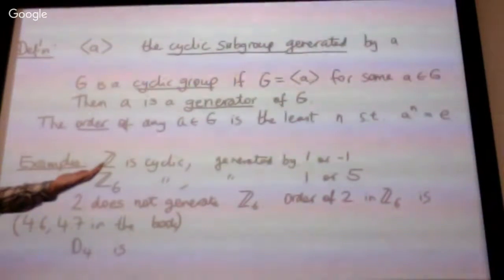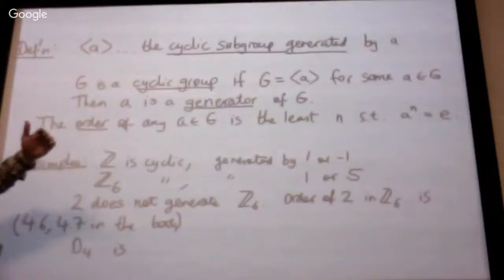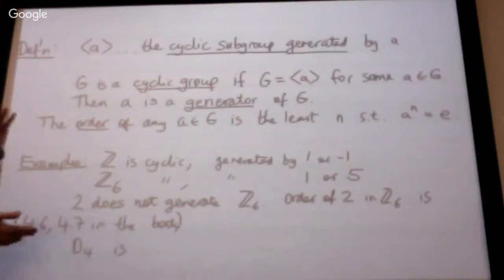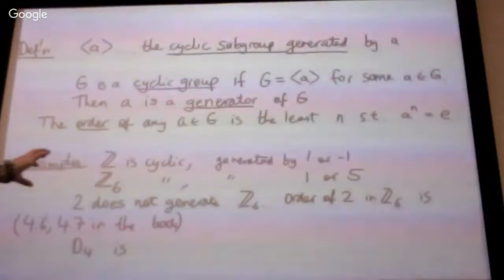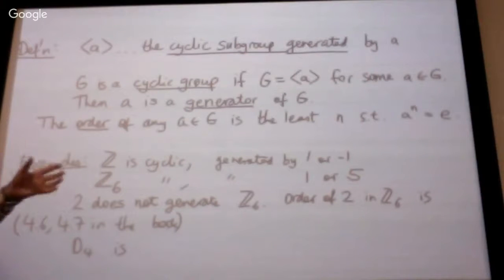no single reflection generates the whole group either. But if you had 2 elements, if you took, let's say, 1 rotation and 1 reflection, you get the whole group already by using just these 2.